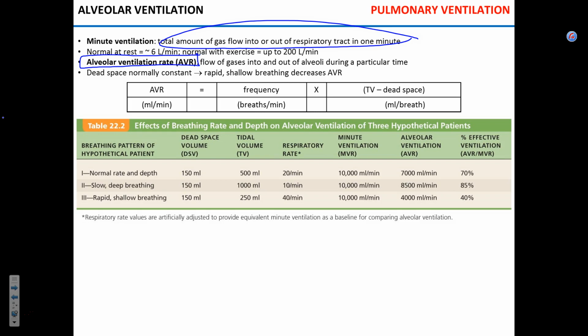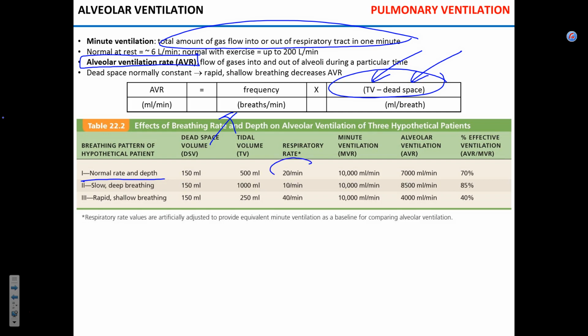Are you with me? So how do you calculate it? Total tidal volume minus dead space gives you the amount of air that reaches the alveoli with each breath. You multiply it by the number of breaths per minute, you get the alveolar ventilation rate. Let me show you an example. Look at the table at the bottom. Let's talk about the normal rate.